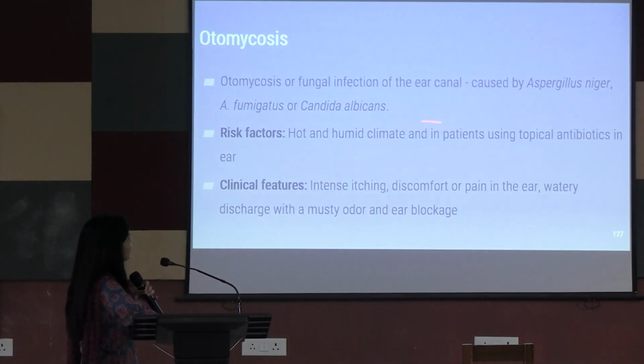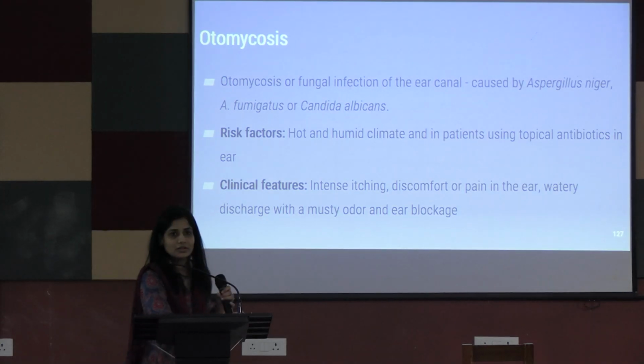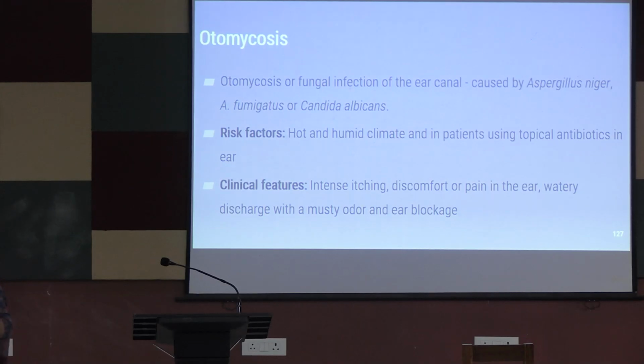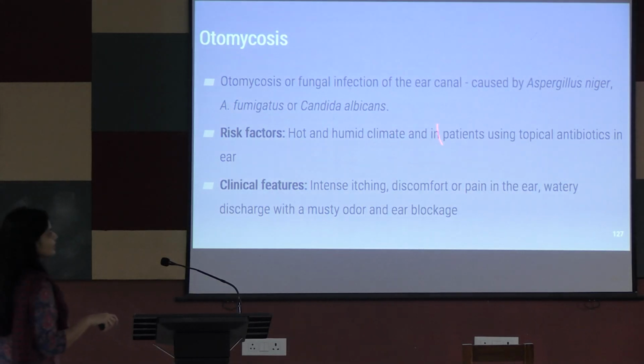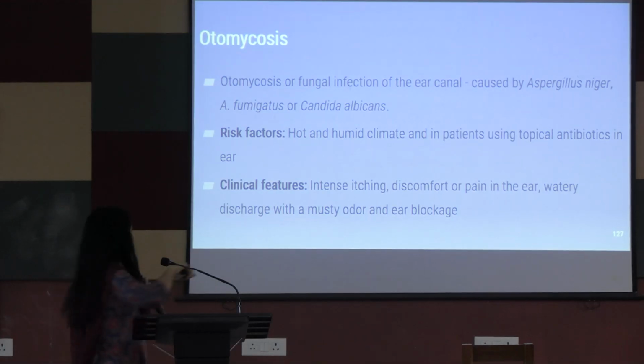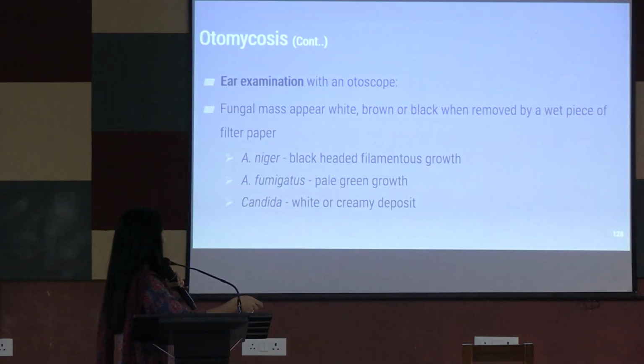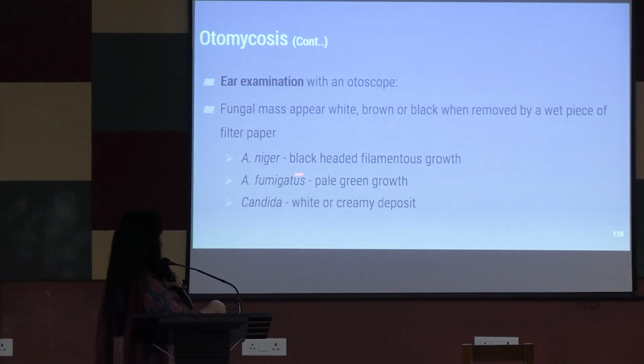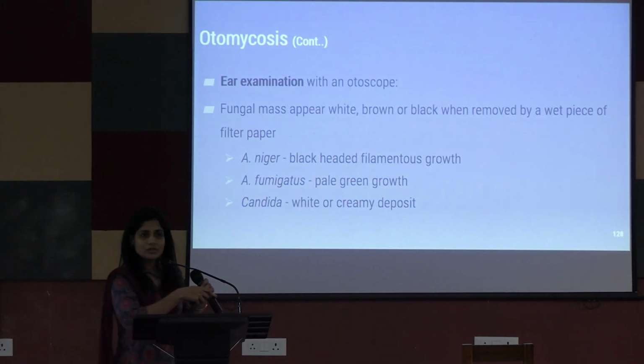It can also be due to hot and humid climate and patients using topical antibiotics in the ear. For example, you had to treat the previous infection and you used a lot of topical antibiotics in that area and that led to the growth of Aspergillus. Okay. In laboratory, you will see that A. niger is producing black-headed filamentous growth.